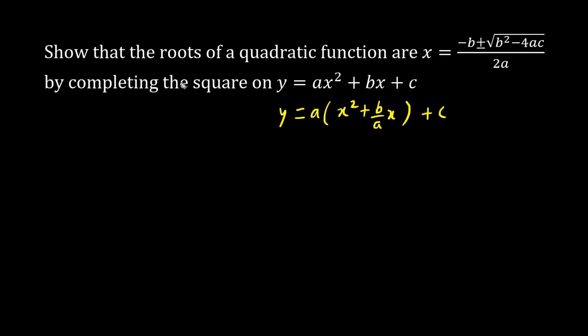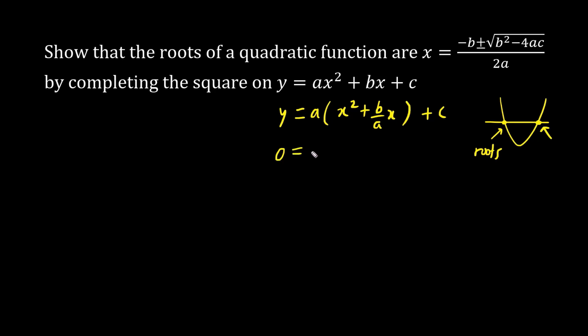So the idea of completing the square is what we're going to do right now, and ultimately we're going to set y equals 0, because when we set y equals 0, we find the roots of the parabola. y equals 0 means we're finding the x-intercepts, which is what we're trying to solve. When we say solve x, we're finding the roots here and here.